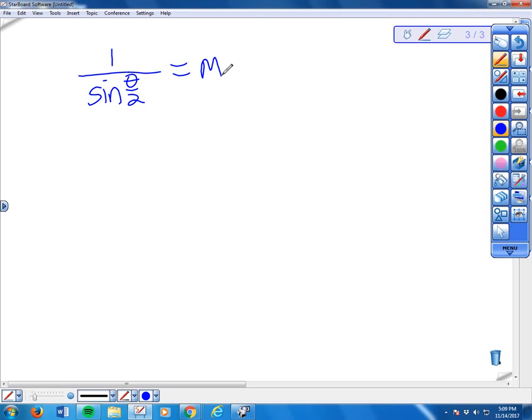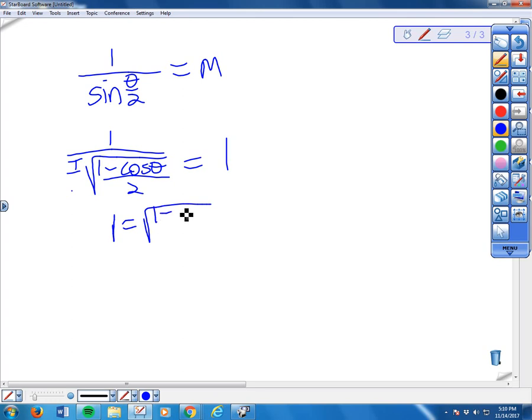So sine theta over 2 is 1 over plus or minus the square root of (1 minus cosine theta) over 2. If I square both sides, and I know m is equal to 1, that's what they tell me. Actually, I'm going to multiply the denominator on both sides. So I get 1 equals the square root of (1 minus cosine theta) over 2, just to flip this over.